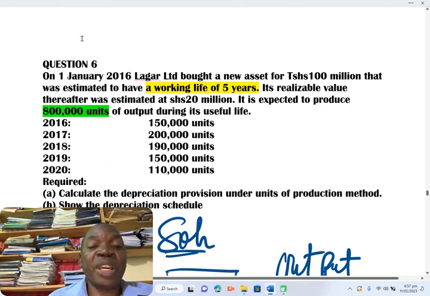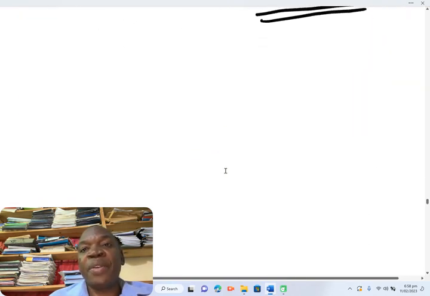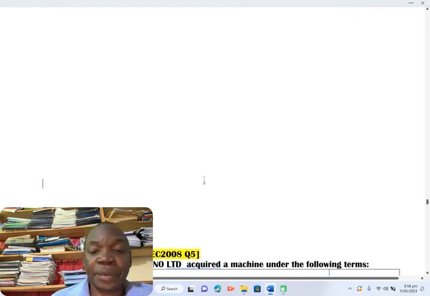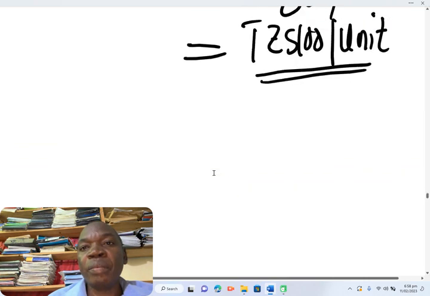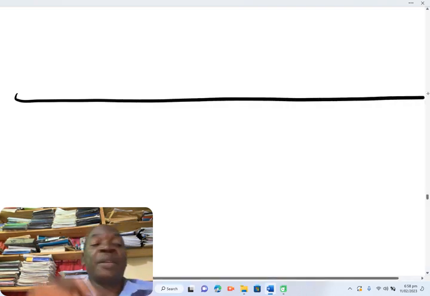We have to allocate this now and use these units to compute depreciation. So it's easy. You just allocate it here to make the depreciation.